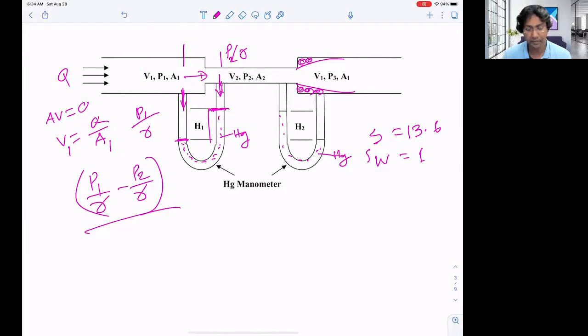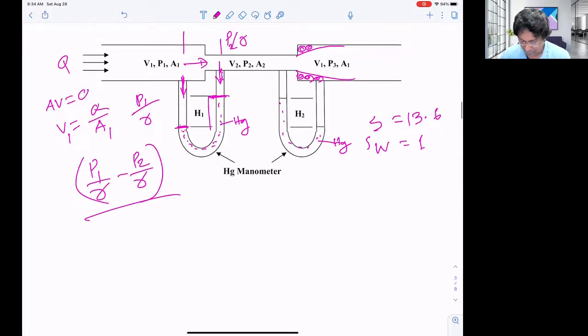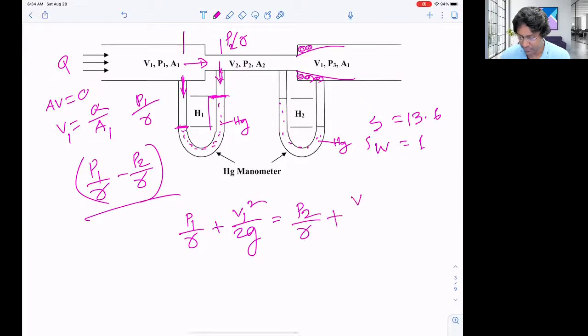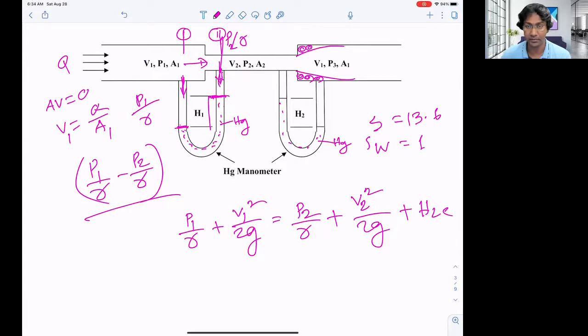So what will happen? For section number 1, we can apply P1 by gamma plus V1 squared divided by twice G is equal to P2 by gamma plus V2 squared divided by twice G plus the head loss, which we're just denoting HLC for this section. I'm applying the principle between section 1 and section 2.